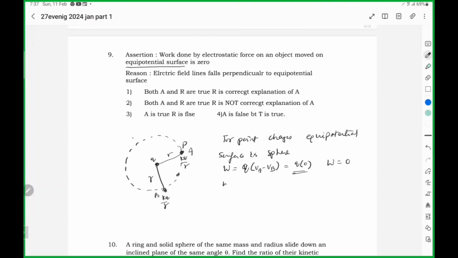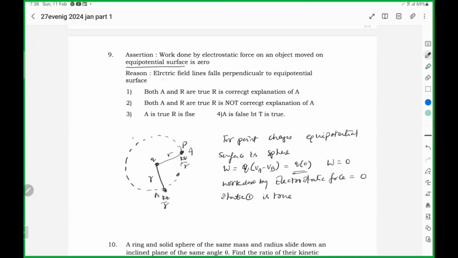So work done by electrostatic force is 0 in moving an object over an equipotential surface. This statement 1 is true, or assertion is true.